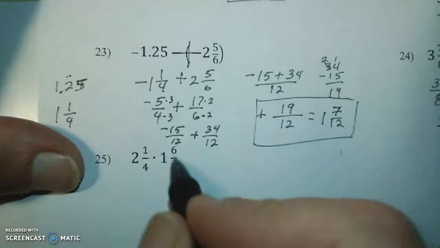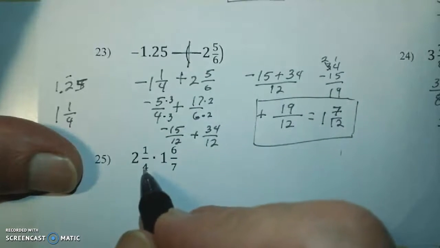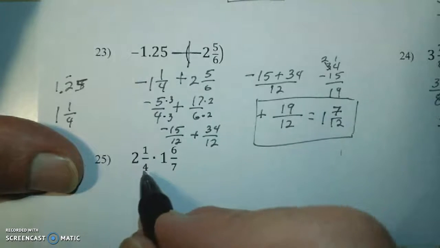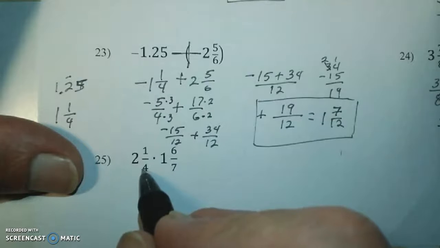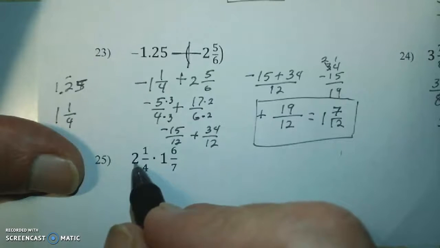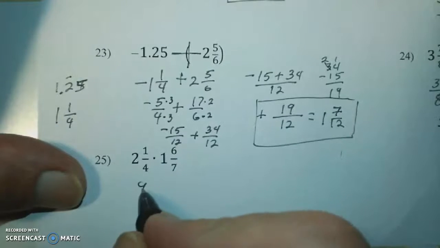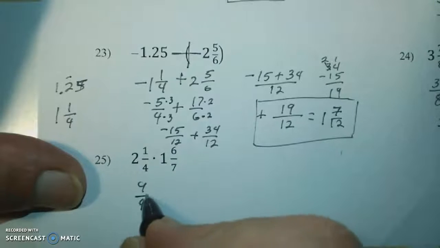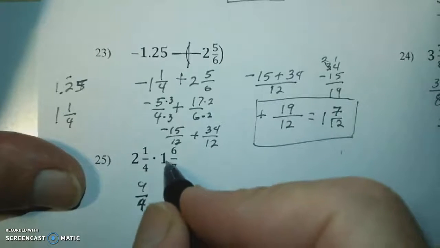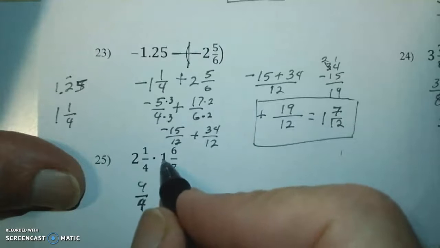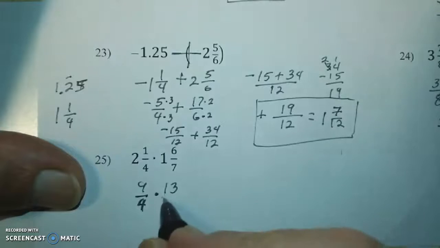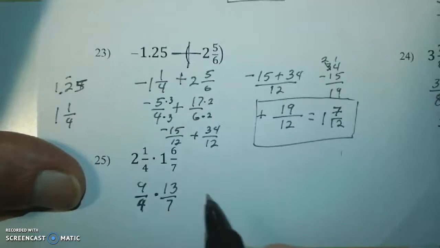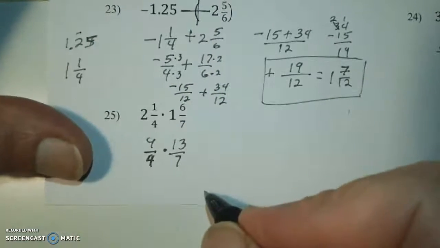So make these into improper fractions, or fractions greater than 1 I mean, so that we have only a numerator and a denominator. So 4 times 2 is 8 plus the 1, 9/4. And then 7 times 1 is 7, plus 6 is 13. So it's times 13/7.